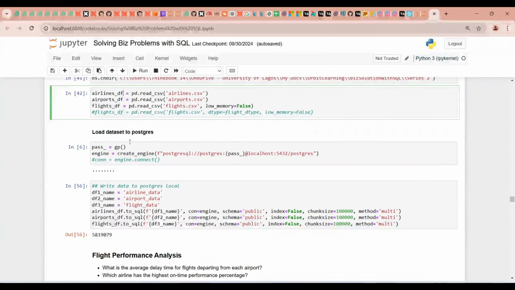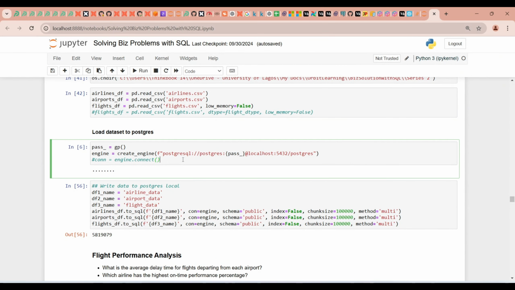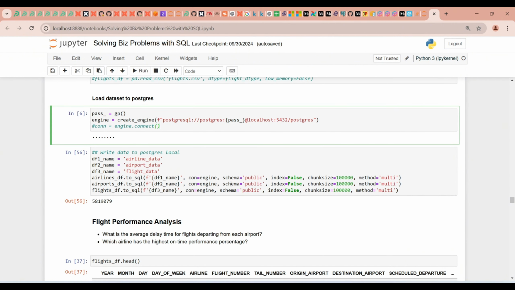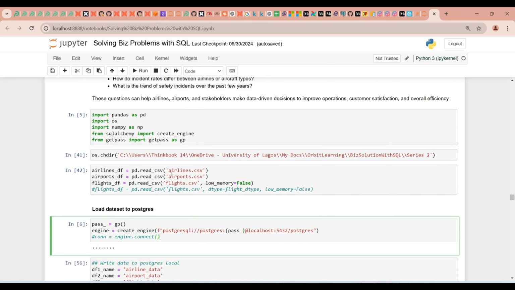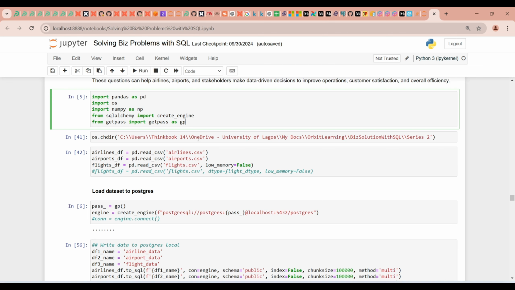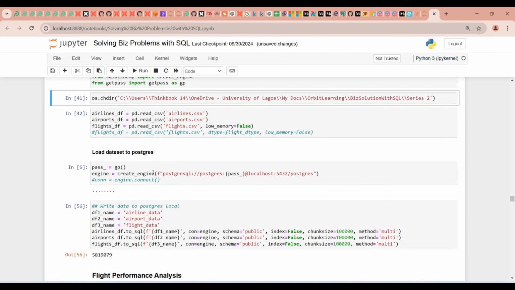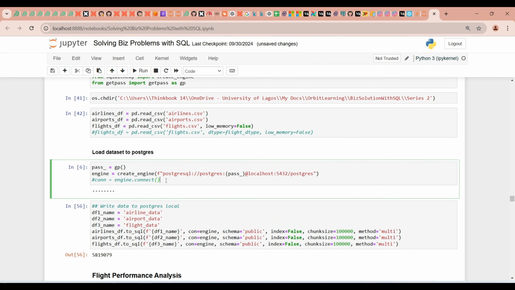I've loaded the data into a Postgres server, so we'll just be querying from Postgres directly. I'm going to load these libraries again, and from there I will create my connection to the Postgres engine.